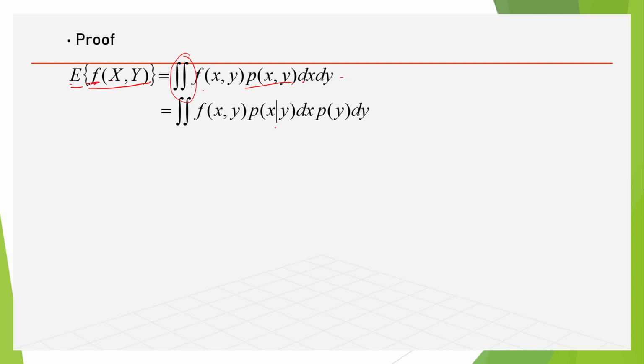Then we use the conditional probability. The formulation is probability of x given y equal to the joint probability of h and y divided by probability of y. Or we can say the joint probability of h and y equals probability of h given y times the probability density of y. We split like this, and because y is known, y is given, this function is just a function of h, and we take the integral over the entire space of h.